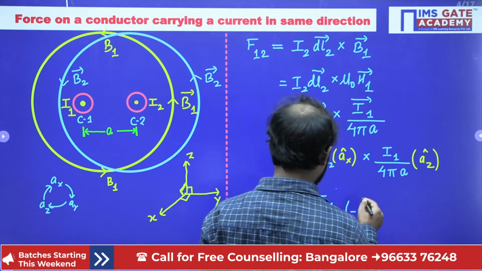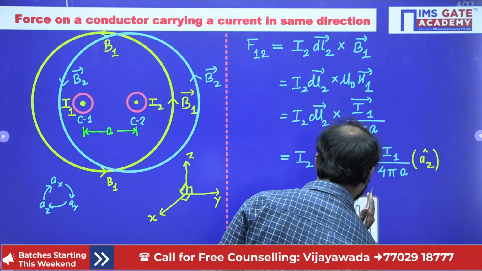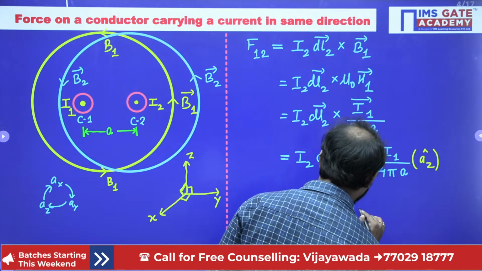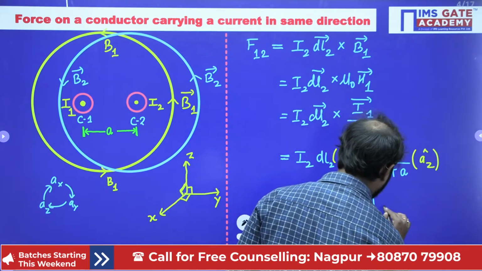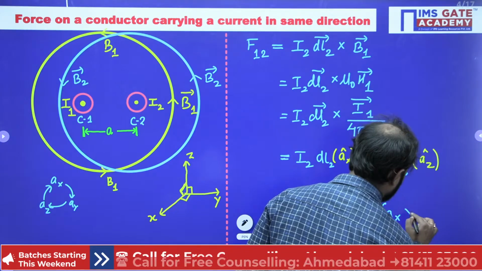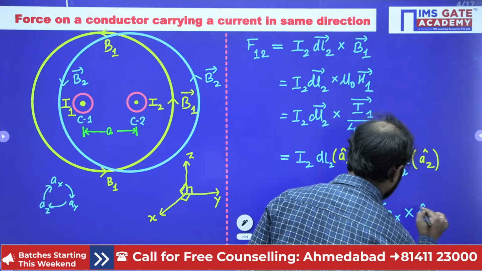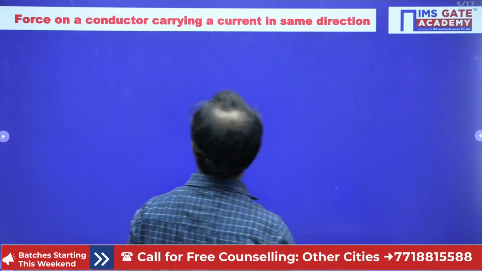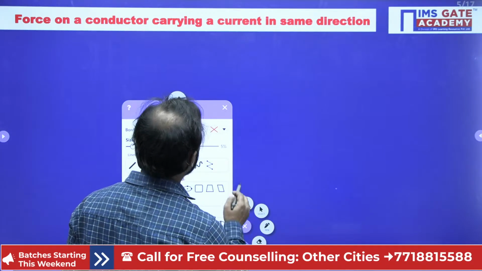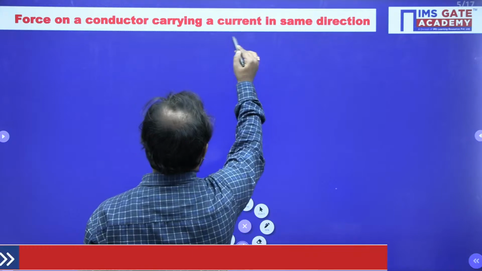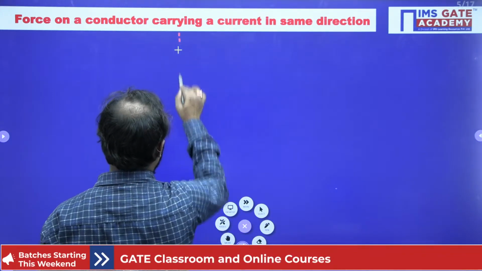And we forgot to write del I2. Okay, first let me write del L2, and what is the direction that we have got? AX cross AZ cap.